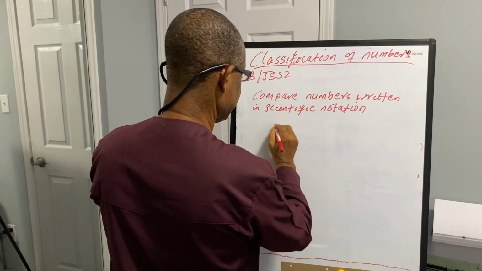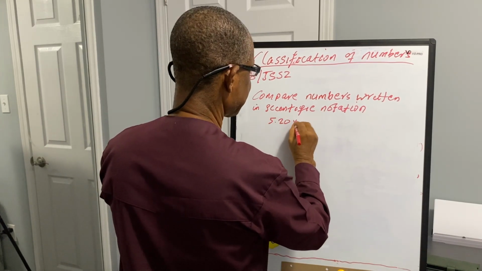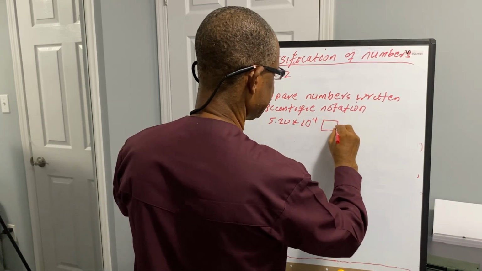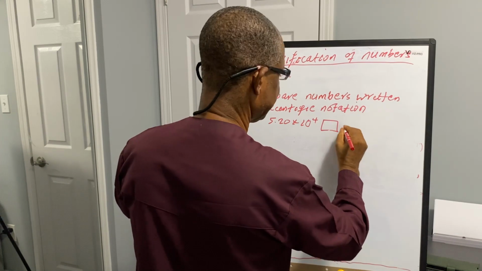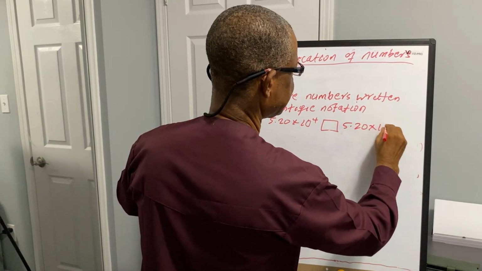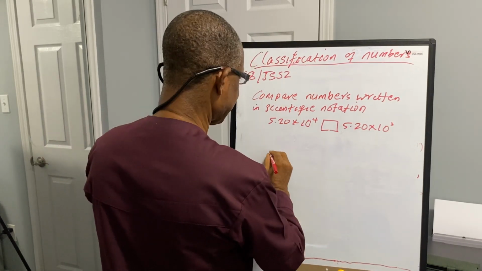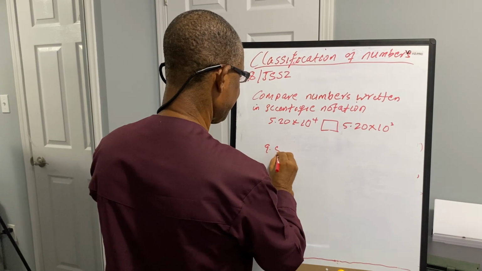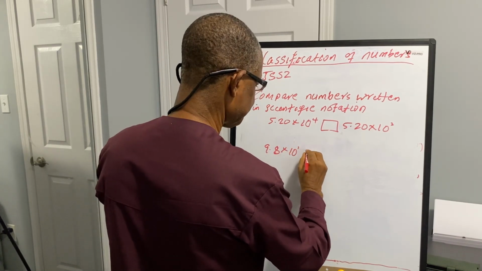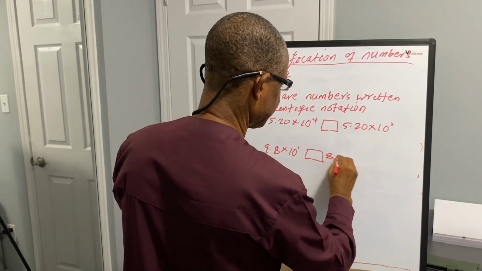Numbers such as 5.20 times 10 raised to power 4. You have this box demanding for your answer, and 5.20 times 10 raised to power 3. Also a number like 9.8 times 10 raised to power 1, and you have this box 800.